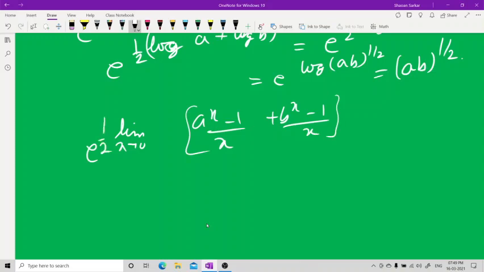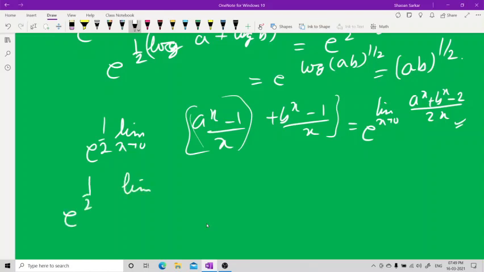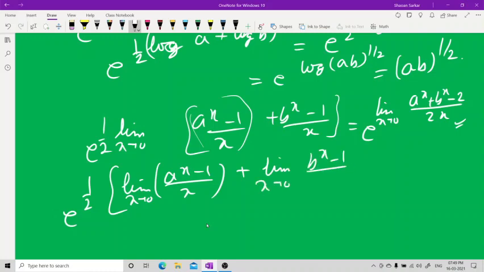This is actually nothing but e to the power of limit x tending to 0, (a to the power of x plus b to the power of x minus 2) upon 2x. If you take the LCM and join everything, you get this back. Now this is e to the power of half, limit x tending to 0, (a to the power of x minus 1) upon x, plus limit x tending to 0, (b to the power of x minus 1) upon x.